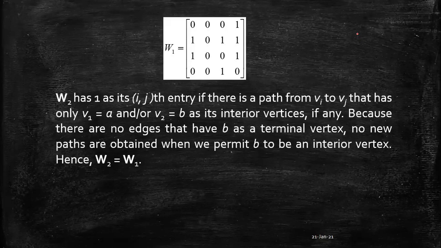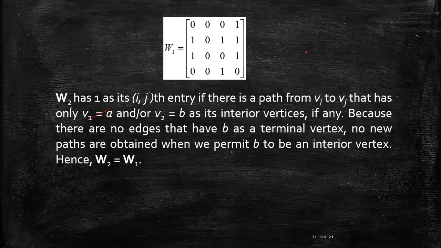Now in the case of W2, we have to take, if there is a path from Vi to Vj that has only V1 and or V2 as its interior vertices. So we have already done this part where V1 is the interior vertex, that is A is the interior vertex. So we have to move to the next one, that is where B is the interior vertex.